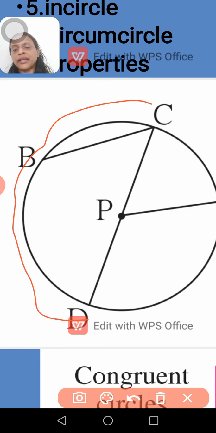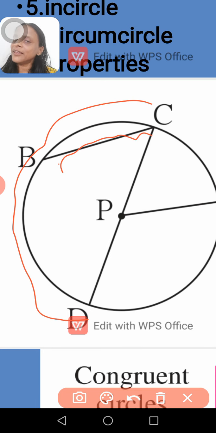But arc CB is smaller than arc CBD. Then we can say that arc CB is a minor arc. Then what is the definition? An arc which is less than a semicircular arc is known as a minor arc.